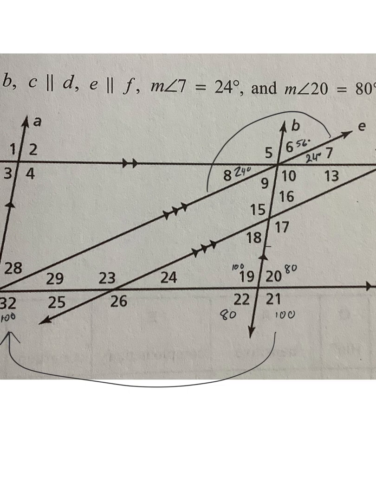So angle 5 is 100, which you should have known with alternate exterior angles with angle 21. So let's just use angle 5 here and angle 21. Those are alternate exterior angles. Okay? And so that means angle 10 is 100 degrees. We'll just make angle 10 100 there.